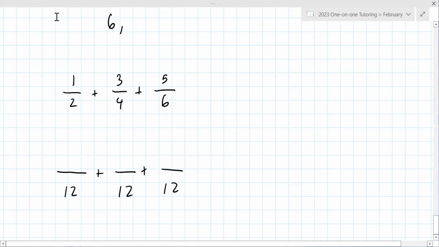Is it 11 over 12? Well, we have to get the numbers. What's the number in each top? So what's the number that goes here? 6. Okay, and what about the next one?